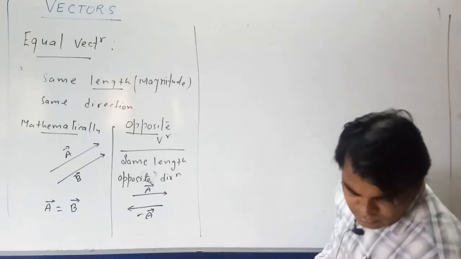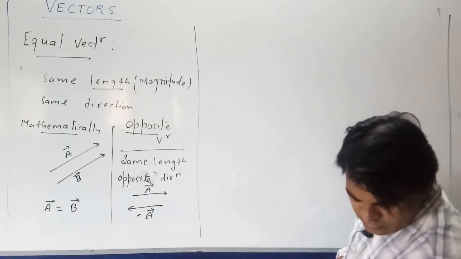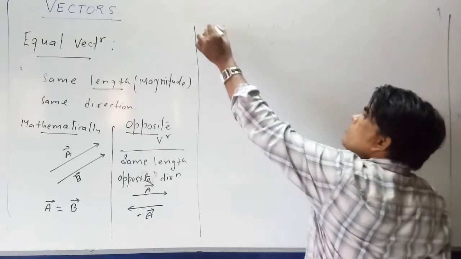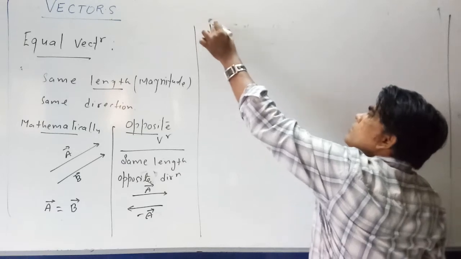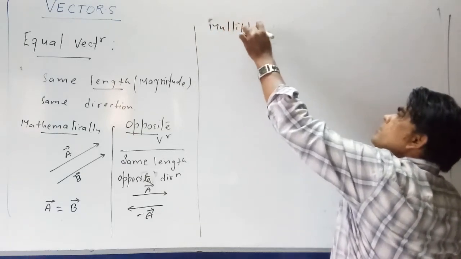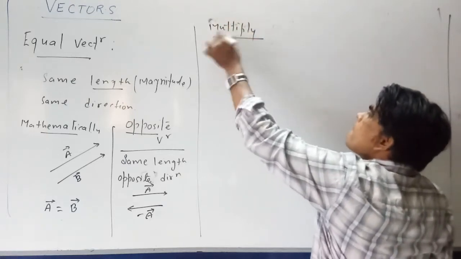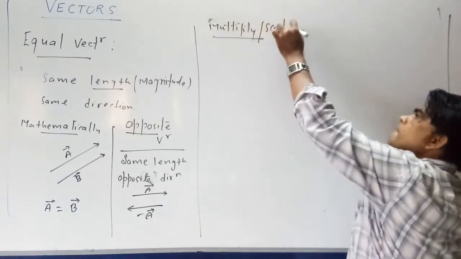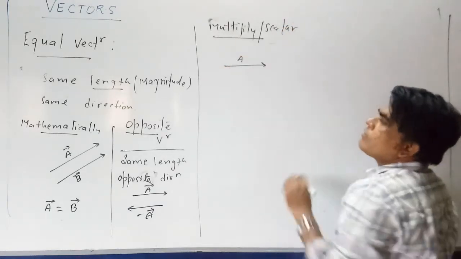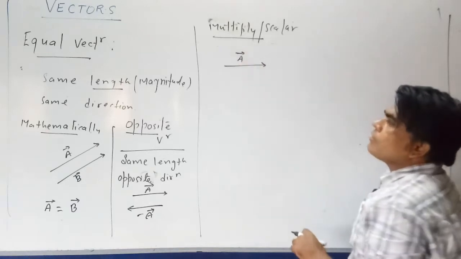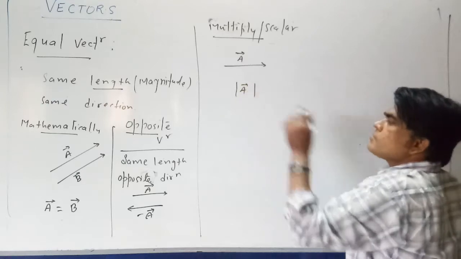Now we are going to understand multiplication with a scalar. Suppose this is your vector A and its magnitude is this.